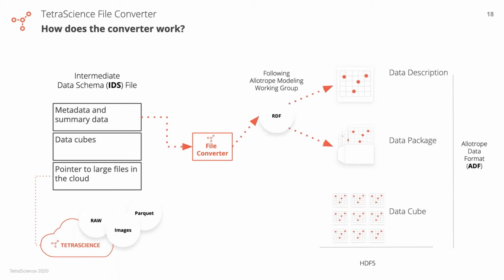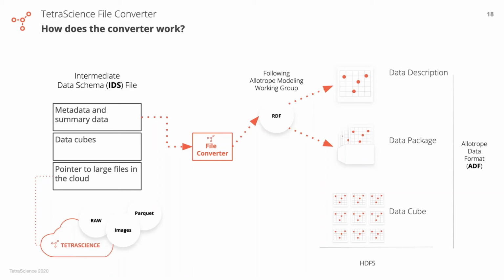The file converter will convert the metadata and summary data into the RDF graph following the modeling working group, using the leaf node approach, not the full graph approach, and put that into the data description section and also the data package. The reason we put it into the data package is the principle of orthogonality.